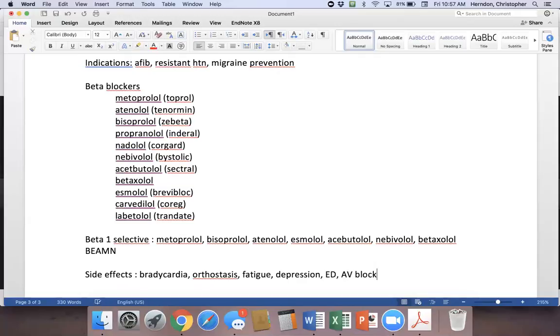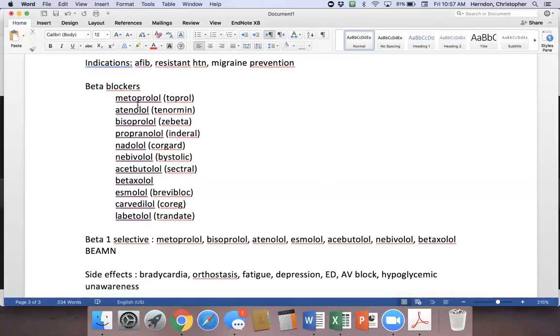AV block. Not really a side effect, they hide the effects of hypoglycemia. Yes. Hypoglycemic unawareness. Right? All but what symptom? Sweating, I think. That's the only cholinergic one that it doesn't do.